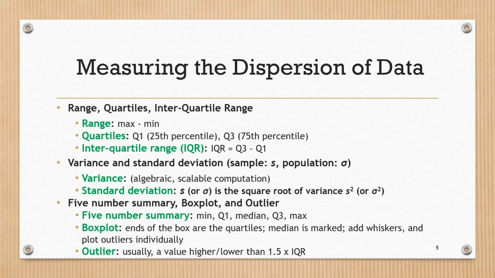Q1 indicates the first splitting point located at the 25th percentile, and Q3 indicates the third splitting point located at the 75th percentile. The interquartile range, IQR, is defined as the difference between Q3 and Q1.